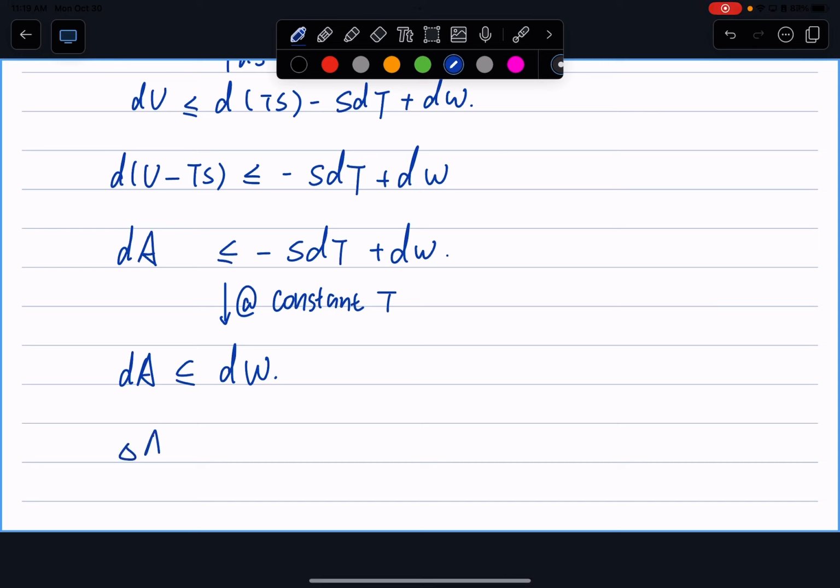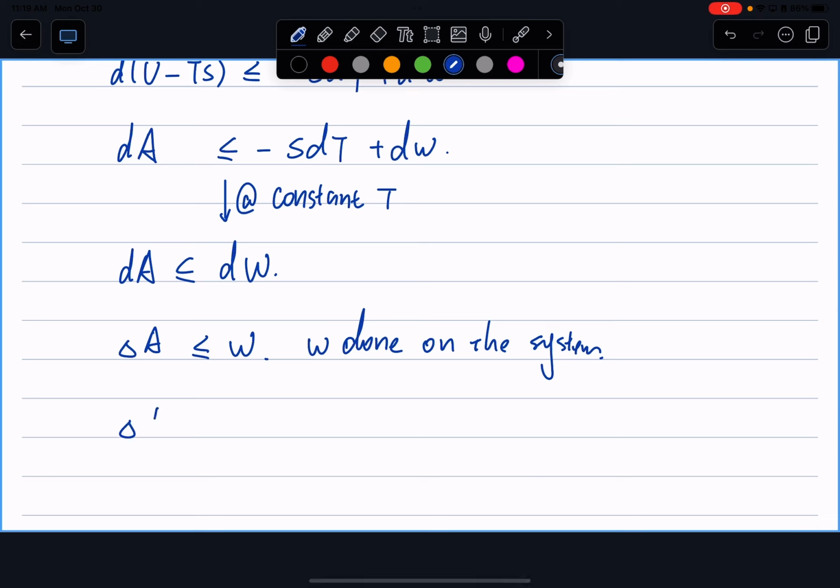We get delta A smaller than or equal to work. And here the work is the work done on the system. Or you can write delta A also equals the negative work by the system.